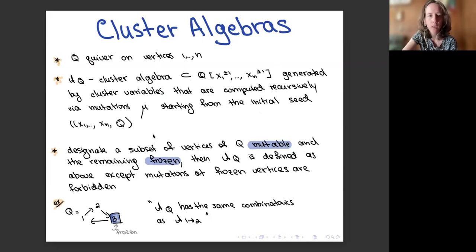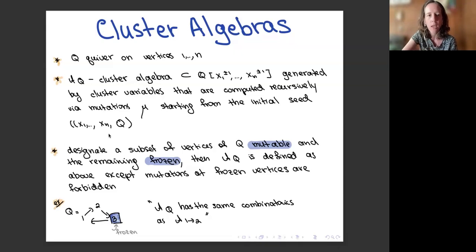Once you know the initial seed, you know the cluster algebra. A lot of the times in what we've seen before, this initial seed is some arbitrary collection of cluster variables, x_1 through x_n. But as I mentioned when somebody asked, they don't have to be these x_1 through x_n. They can have some more meaning, as long as there's an algebraically independent set of variables, I can run the procedure.